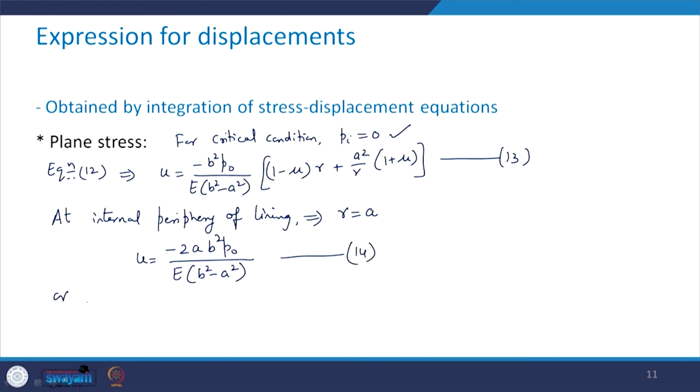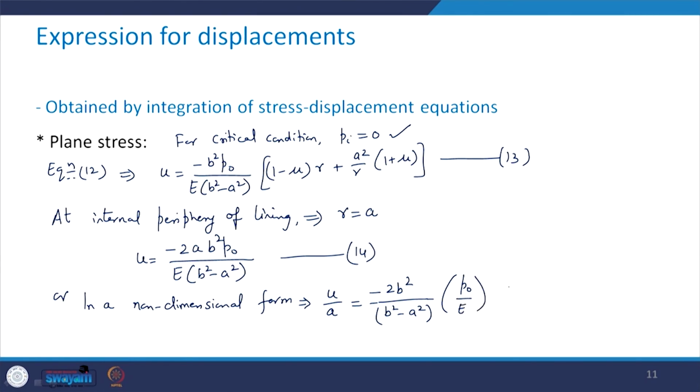Or in a non-dimensional form, what we are going to get is u upon a will be equal to minus 2b square upon (b square minus a square) into p naught upon E.